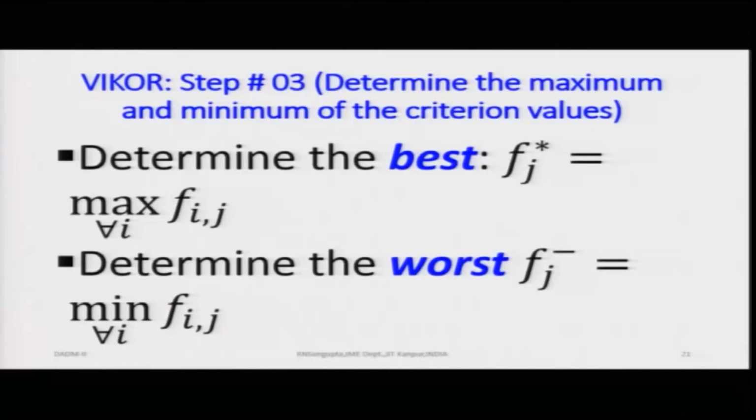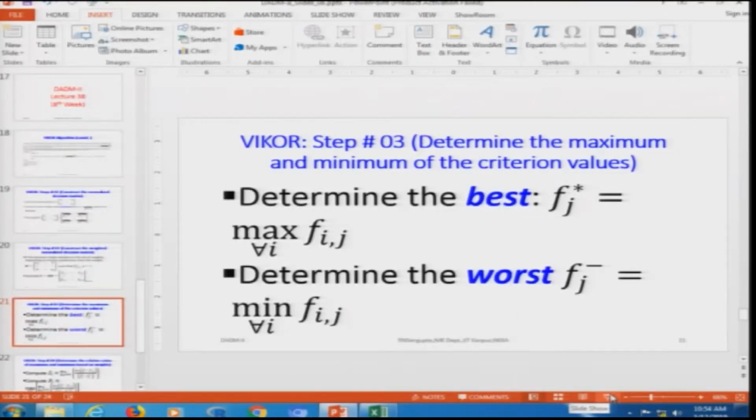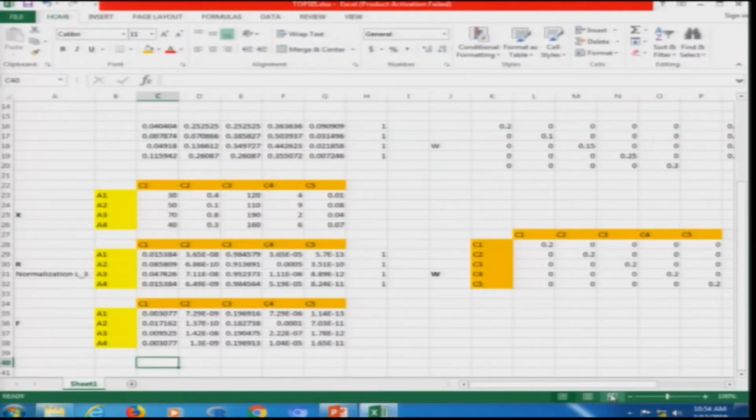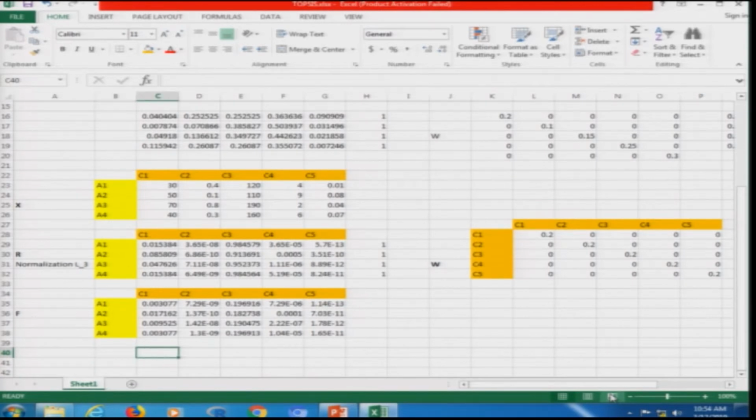So, we need to basically find out Fj star and Fj minus, which are for each and every row or column, depending on how you have mentioned them. We will find the best and the worst. Now, remember Fj star: for j equal to 1, you will take along each and every alternative. So, Fj is there. So, we will put it as Fj plus, F star 1.